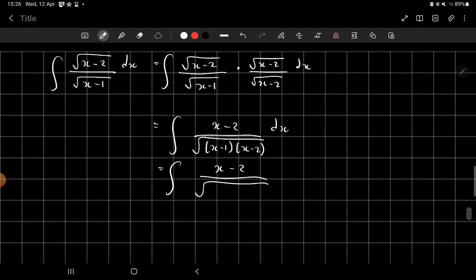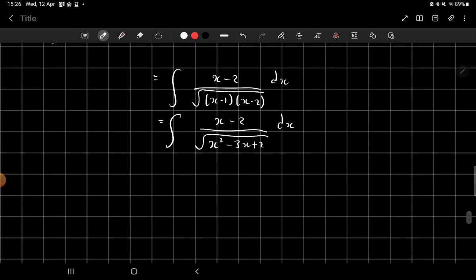So here we will obtain x squared minus 3x plus 2 dx. And now I'll be performing the complete the square approach, which is x squared minus 3x plus 2.